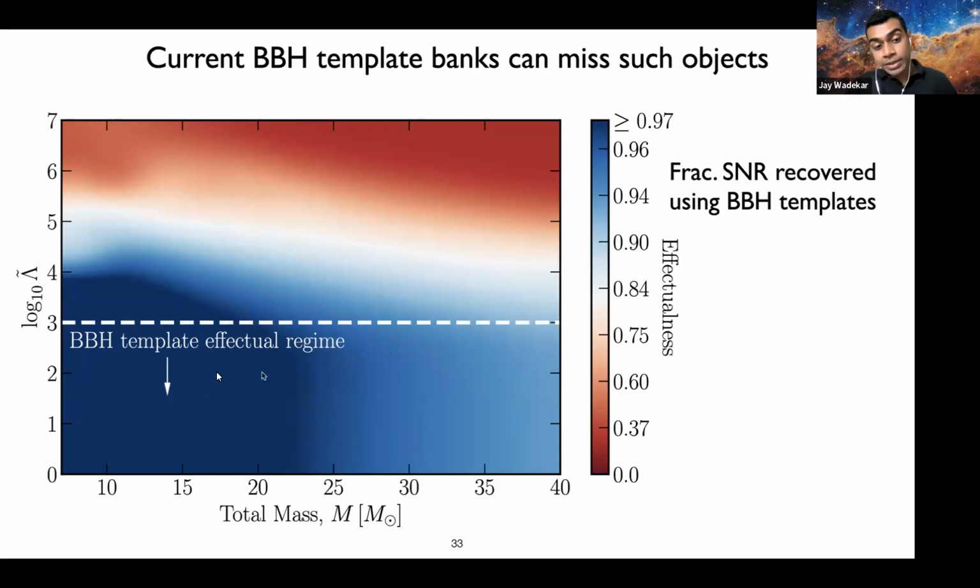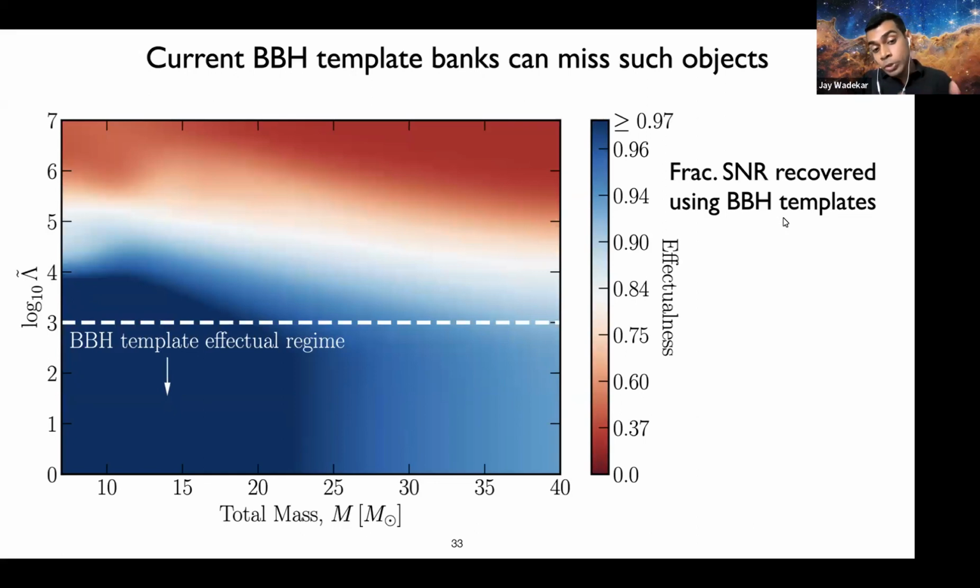Here I'm showing the sensitivity of the existing template banks to these objects in these regions of parameter space. You can see that the color is the fractional SNR that is recovered by using binary black hole templates for these binaries. When this lambda parameter is lower than nearly 1000, the binary black hole templates do recover most of the SNR.